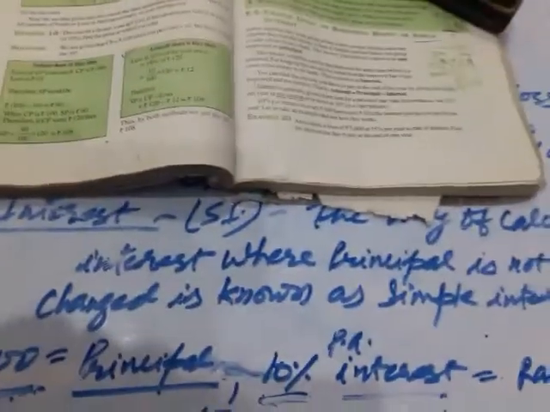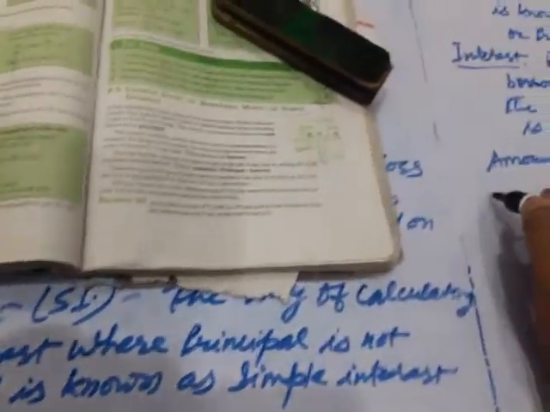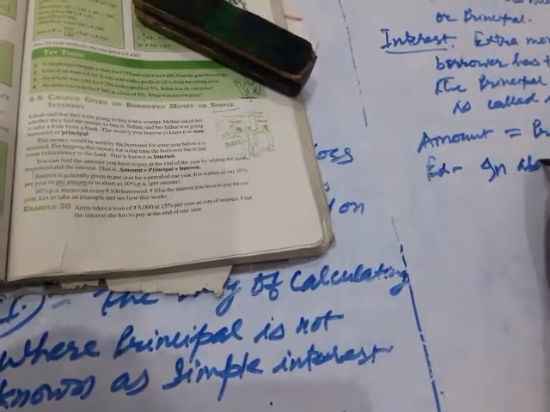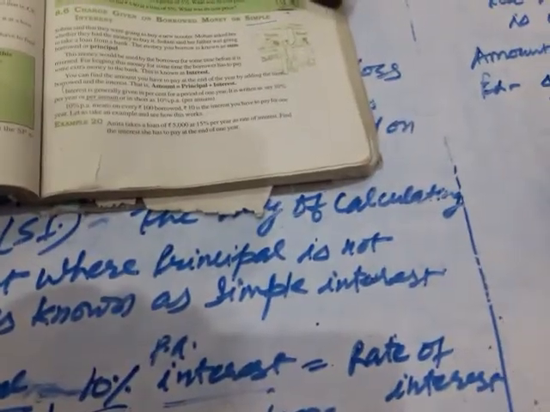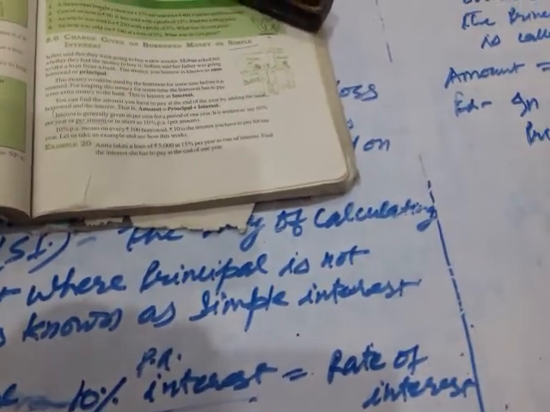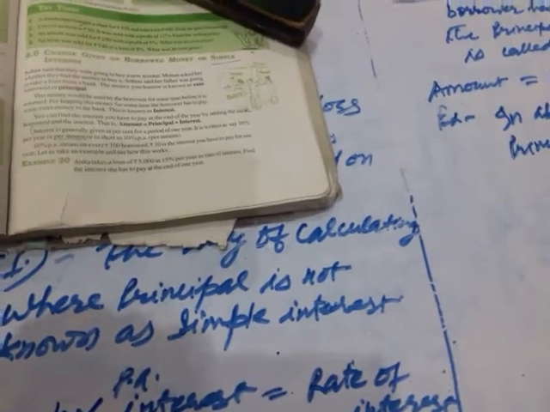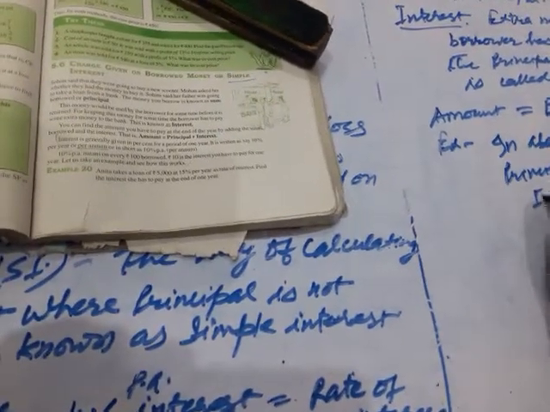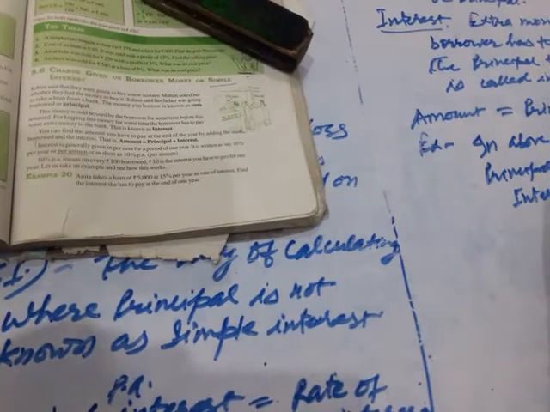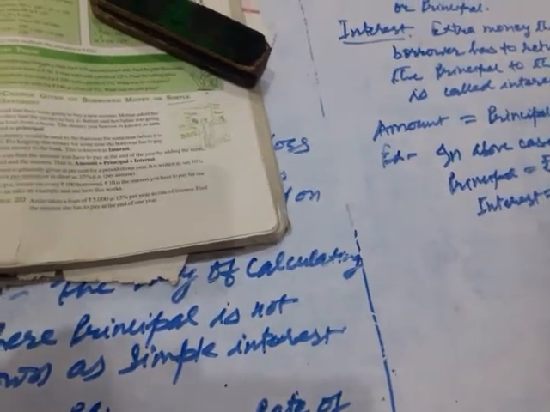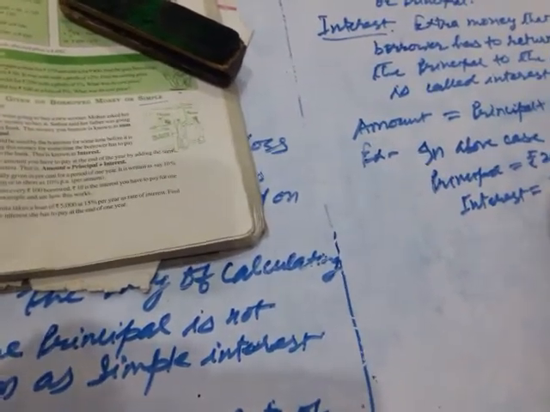Here children, in the above case of 200, for example, we have explained that principal equal to rupees 200. Interest is 10% per annum. 10% per annum means per year.